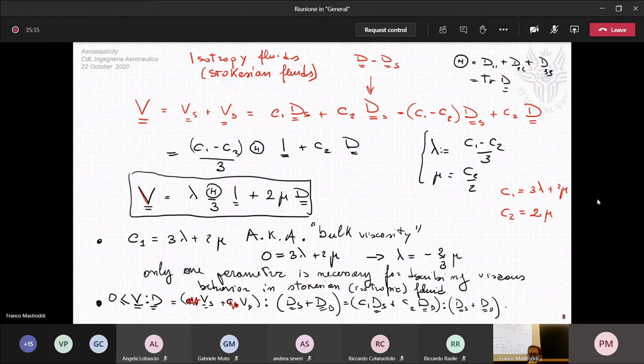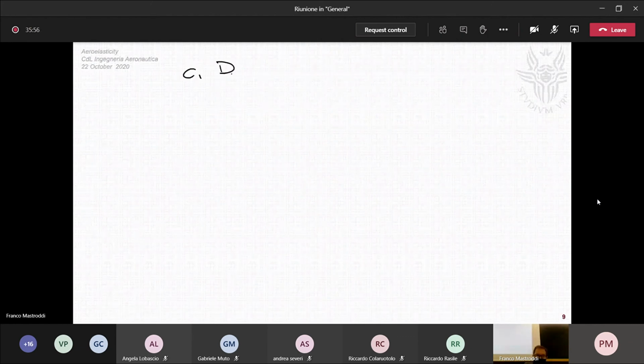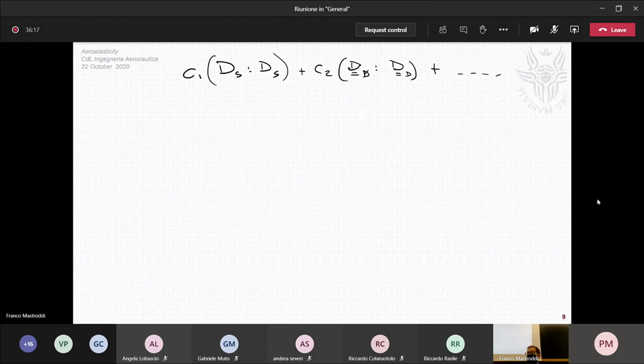Okay? This is interesting because when you multiply a spheric part with a spheric part, you have C1 D spheric dot dot D spheric, and you should have plus C2 D deviatoric dot dot D deviatoric, but you should have also the mixed term.